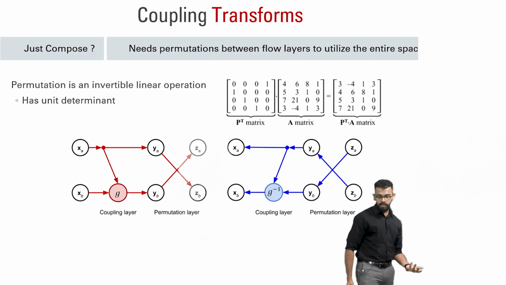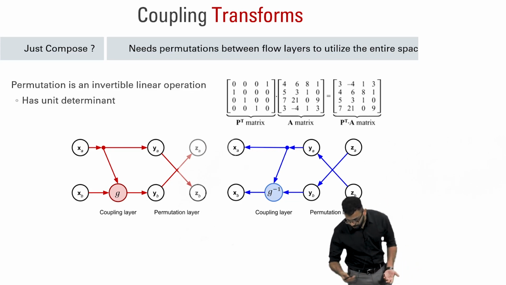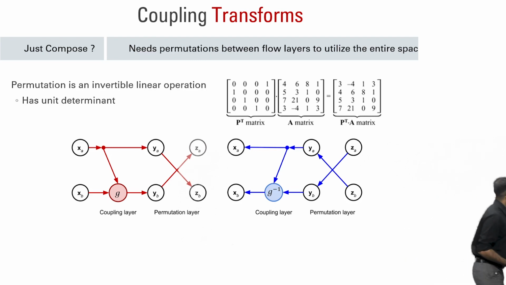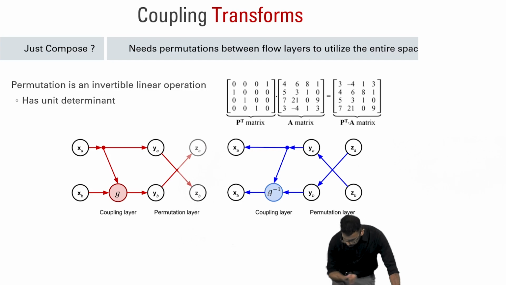Now, a permutation you can mathematically represent as multiplication with a 0-1 matrix, right? And it is an invertible operation. So I have a matrix A, and if I want to permute this matrix such that this row comes to the top, then all I'm really doing is multiplying it with a 0-1 matrix, which has exactly one element that is 1 in each row and each column.